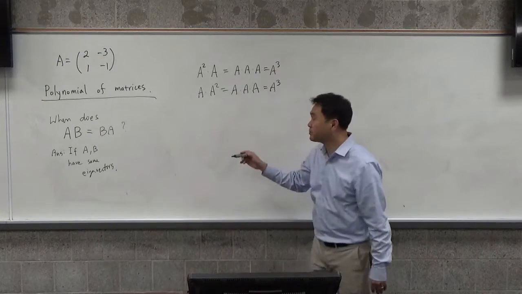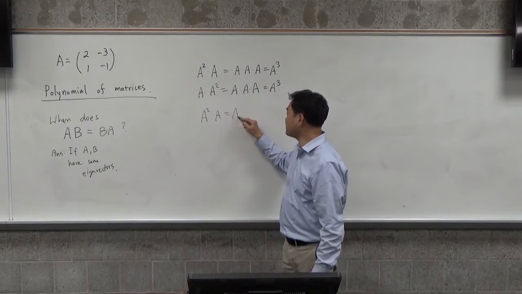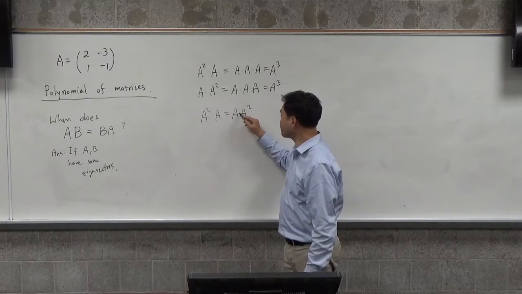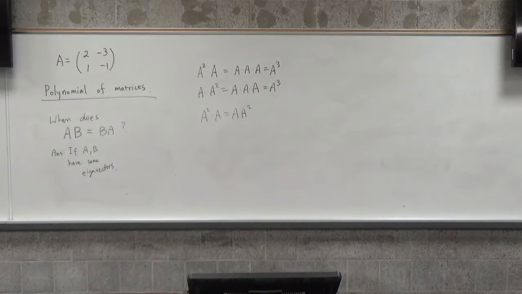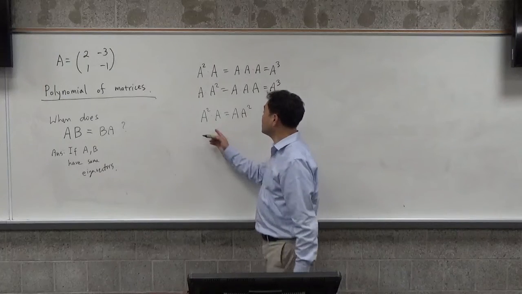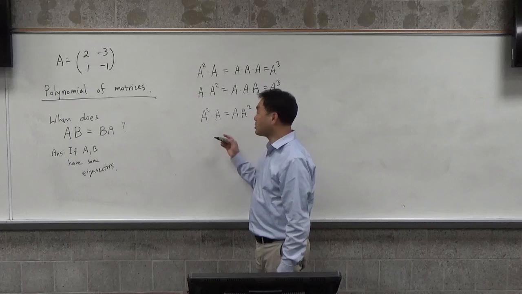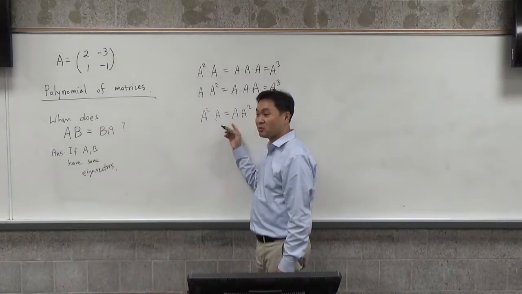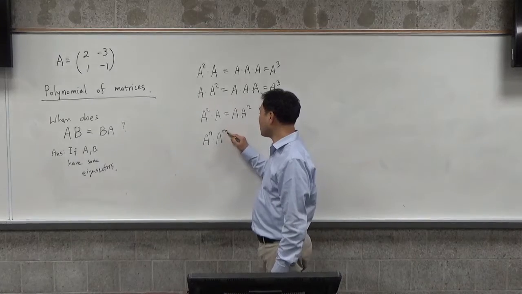So they're equal. So A squared and A commute. And you also have A to any power commuting with A itself. So A to any power and A to any other power, they commute, right?